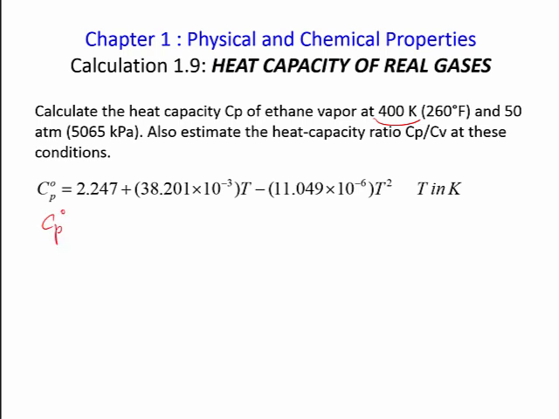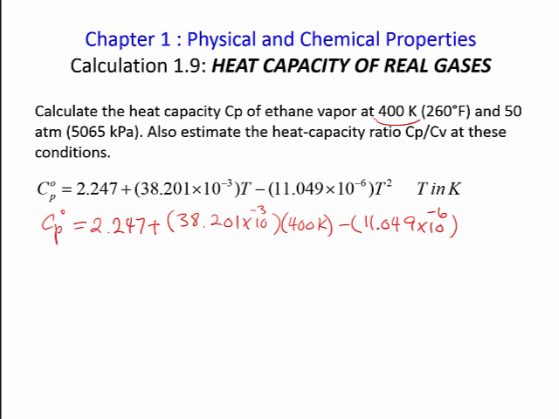Cp ideal is equal to 2.247 plus 38.201 times 10 to minus 3 times 400 Kelvin minus 11.049 times 10 to minus 6 times 400 Kelvin to the power 2.